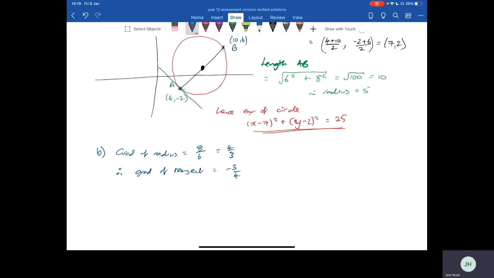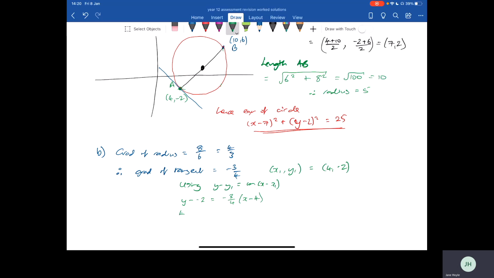And I now use x1, y1 as the point A. So I'm finding the equation of the tangent at A. So using y minus y1 is equal to m times (x minus x1), I get that y minus y1, which is -2, is equal to m, which is -3/4, times (x minus x1), which is 4.